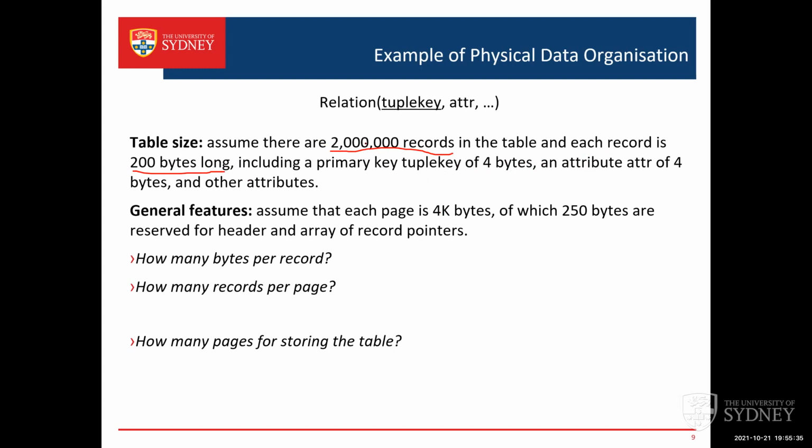So to store these records, how much space do I need? The number of records multiplied by 200, because each record is 200 bytes long. That is the expectation. But now we can see that because of the header data and some wastage, we have much more than that. Does that make sense?